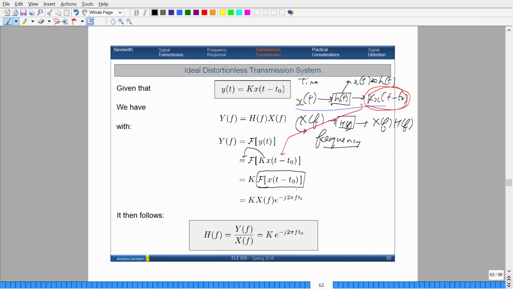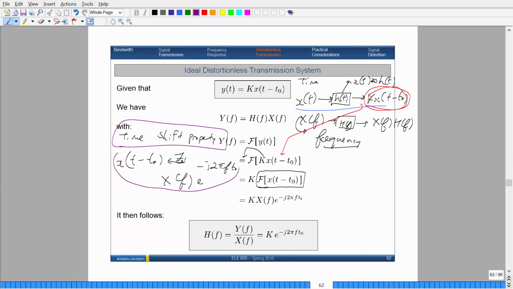And if you remember the property for the Fourier transform of time shift, if I had some signal x of t minus t naught, if you take the Fourier transform, you just get the same Fourier transform without the time shift, and then you multiply by e to the minus j2 pi f t naught. Okay, so this is the time shift property. That's where that comes from.